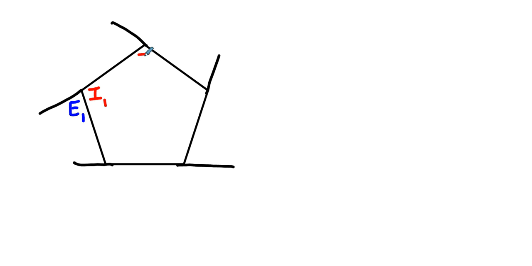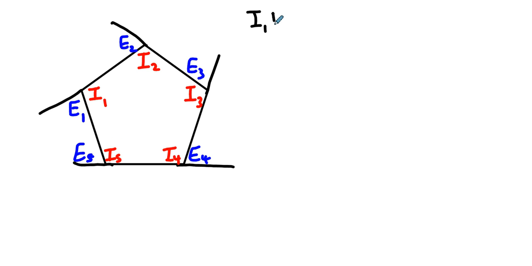And we can do that all the way around. The interior angles are I2, I3, I4, and I5, and the exterior angles are E2, E3, E4, E5. And then we note a couple of things. We note that these add up to 180 because they're supplementary.